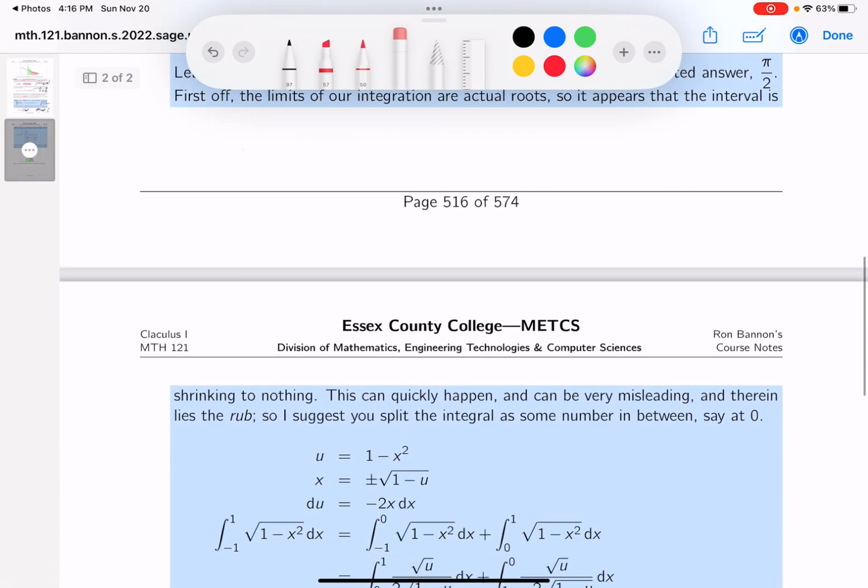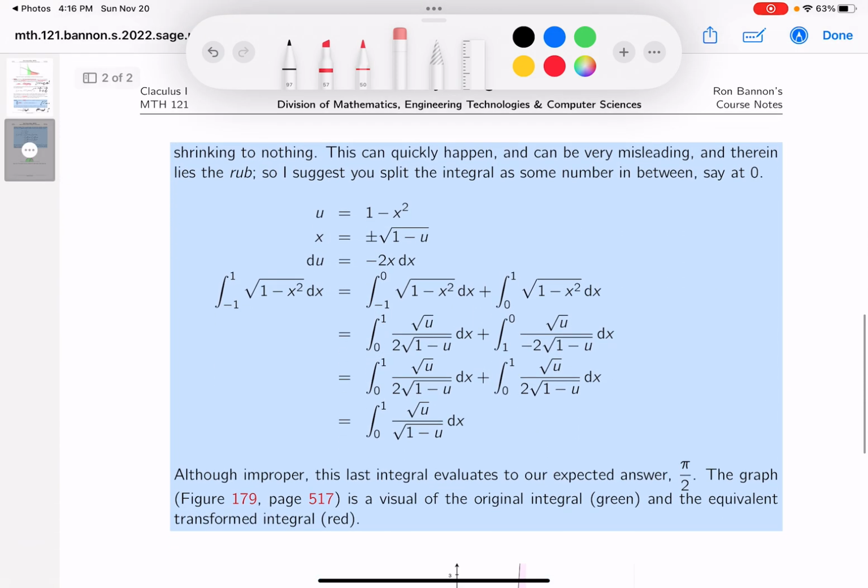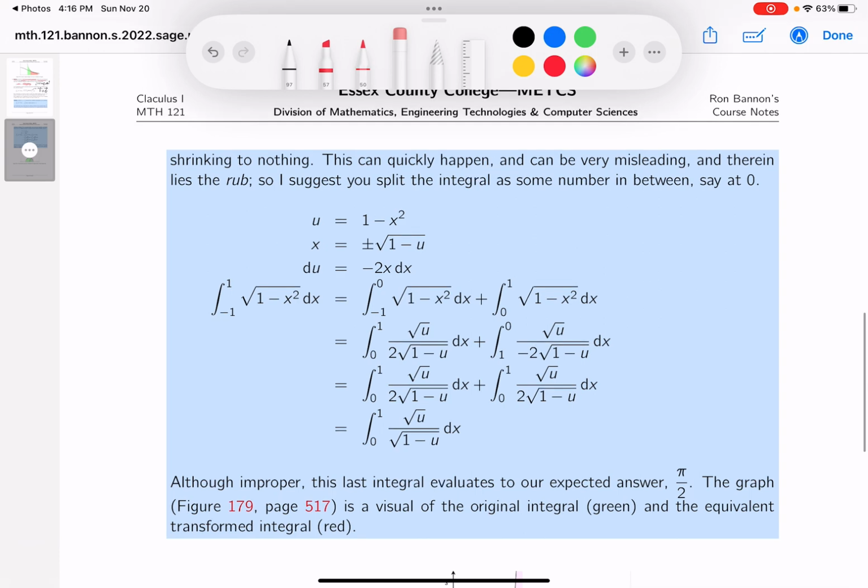So let's take a look at the substitution more carefully, and we'll write it down. So remember, we said u is equal to 1 minus x squared, and then du would be minus 2x dx. I want to point out, I do want to solve for x.